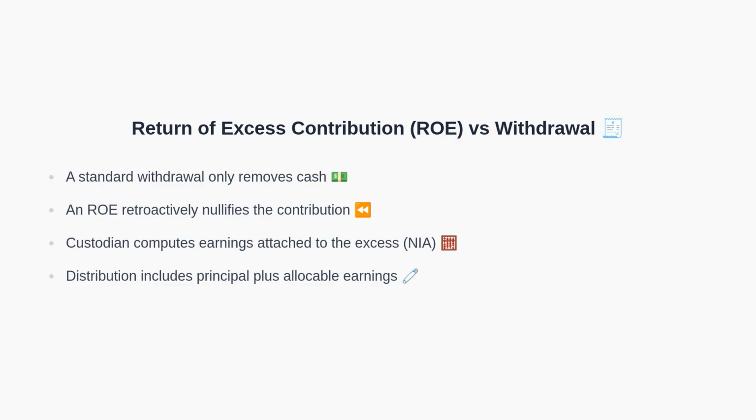In contrast, a return of excess contribution retroactively nullifies the contribution as if it never happened. The custodian calculates net income attributable to that excess using a standard formula. Then, the distribution includes both the excess principal and any related earnings. The custodian will eventually issue a Form 1099-R with the appropriate codes.